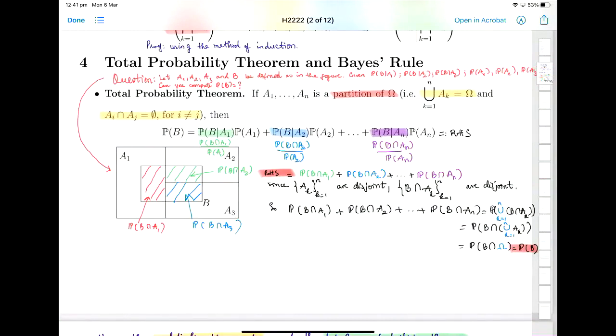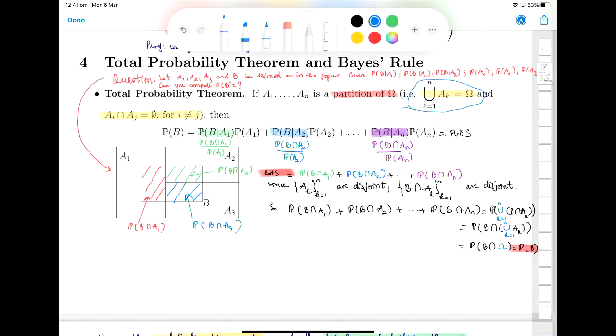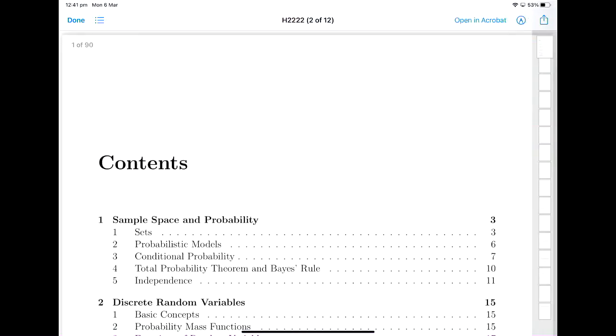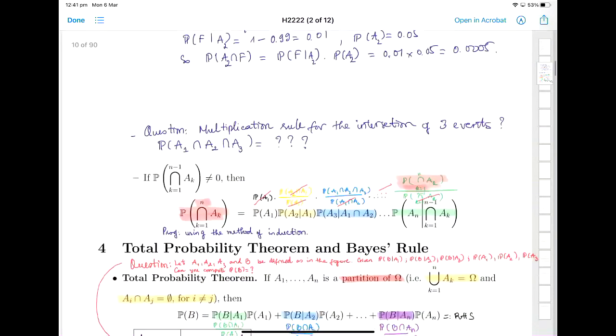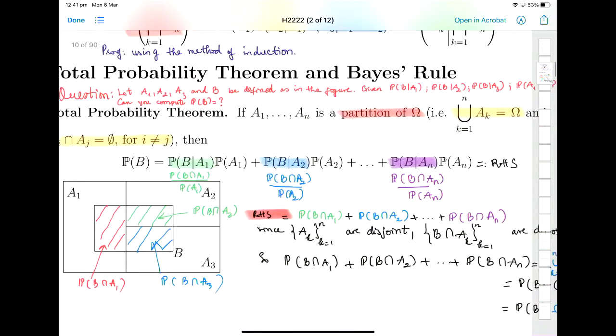So for the general case, if you have n sets A1 up to AN, and they are a partition of omega, which means that the union of all these sets is omega, and they are disjoint, then you have a similar equality to this one for the simple case of just three sets A1, A2, A3 from a partition of omega.